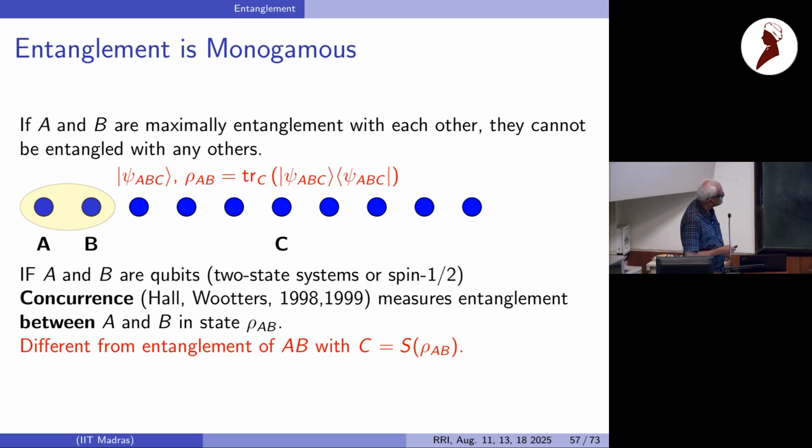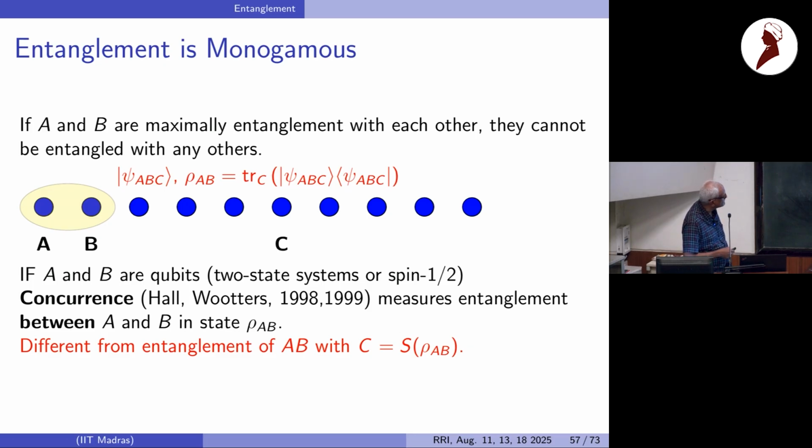If A and B are maximally entangled, they cannot be entangled with any other particle. So this is called monogamy of entanglement, unlike classical correlations. So if A and B are qubits, like two-state systems, like spin-half particles, then if they are maximally entangled, like they form a singlet state, it cannot be entangled with anything else.